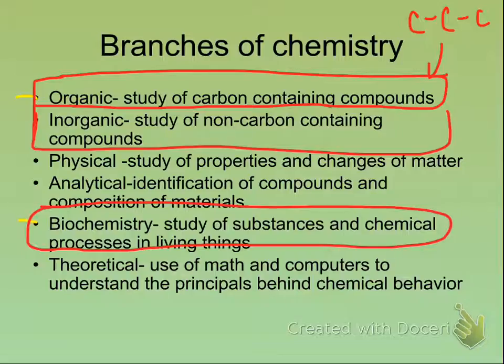And then theoretical chemistry, this is kind of out there. A lot of models, a lot of math modeling. If you got to watch The Secret of Photo 51 in biology, with Rosalind Franklin, she did a lot of computation and a lot of calculation to construct a model of a molecule.